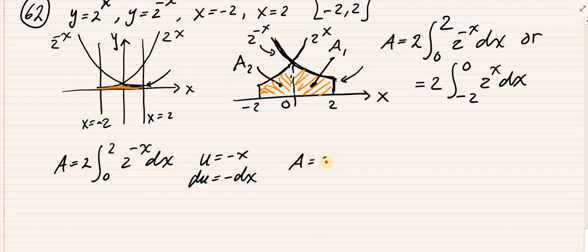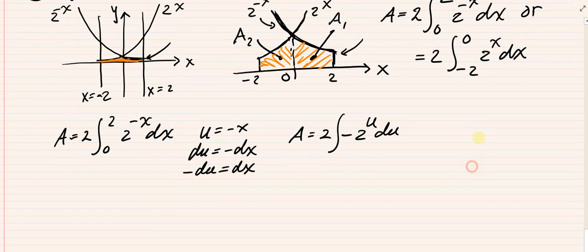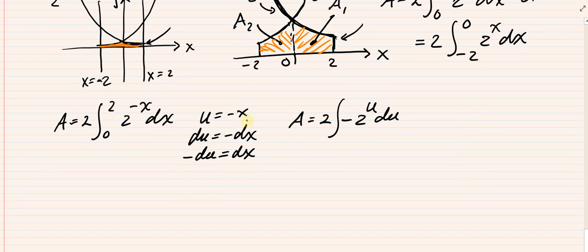So the area is twice the integral of 2 to negative x, which is 2 to u, and then dx is negative du. The limits of integration: when x is 0, u is 0. When x is 2, u is negative 2. I can switch the order of the limits to change the negative into a positive.